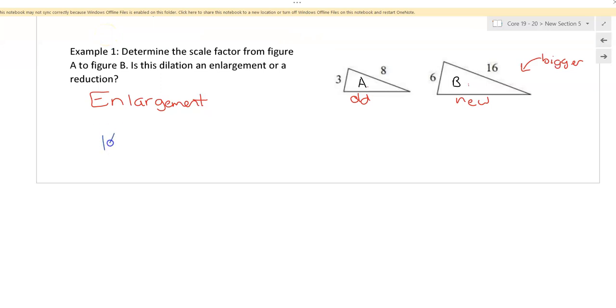And then finding my scale factor, remember your scale factor, K, is your new over your old. And then I have to pick a side. It doesn't matter which side I start with as long as I choose the corresponding side. So I have to pick a side in my new figure. Again, I don't care which one. Let's choose the 16.